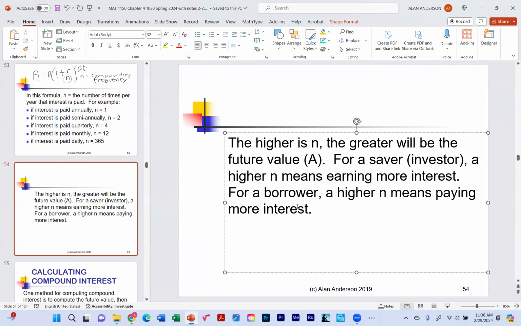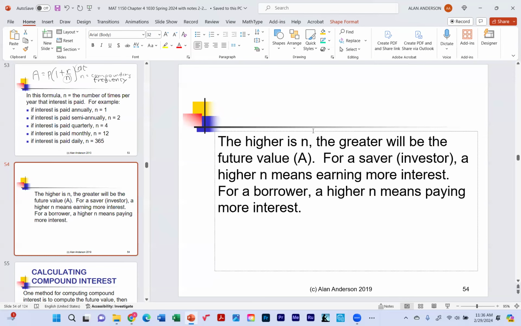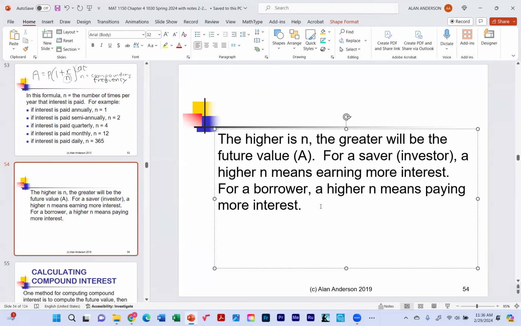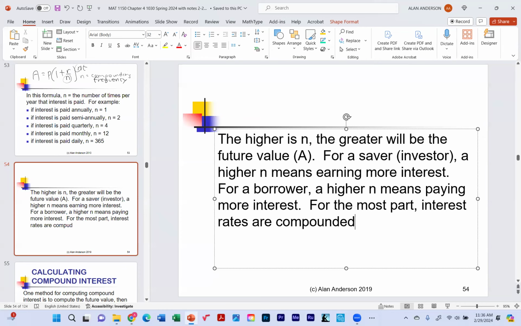Now, by convention, I'll just mention this right now, for the most part, interest rates are compounded daily. Not always, there might be some exceptions, but if you go to the bank and start a savings account or a checking account, or if you get a credit card, or if you borrow money to buy a car, anything like that, you'll discover that the interest is being compounded daily.